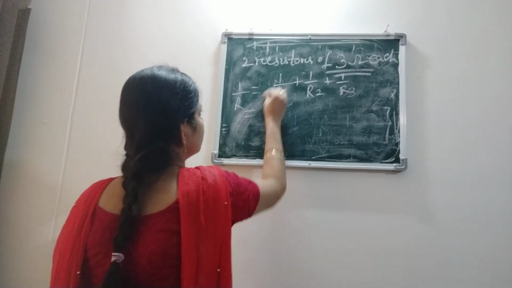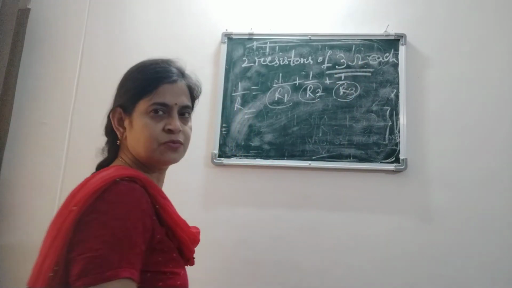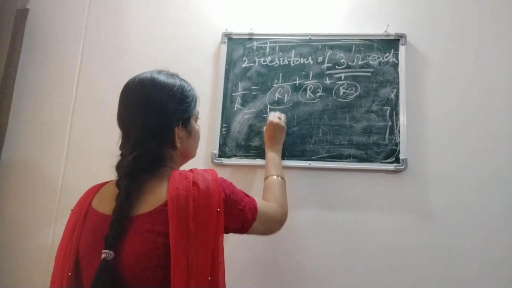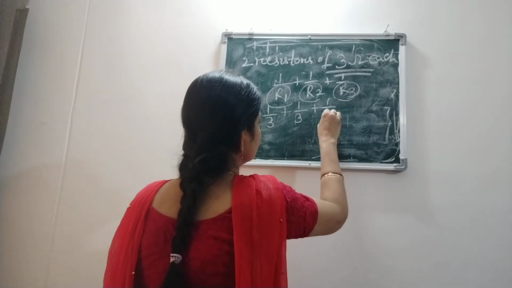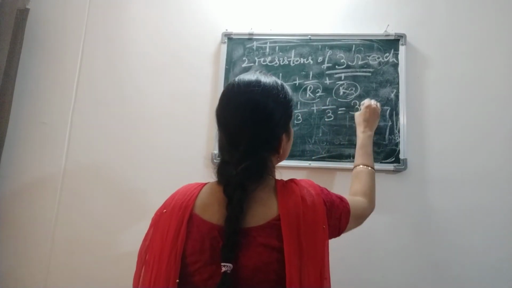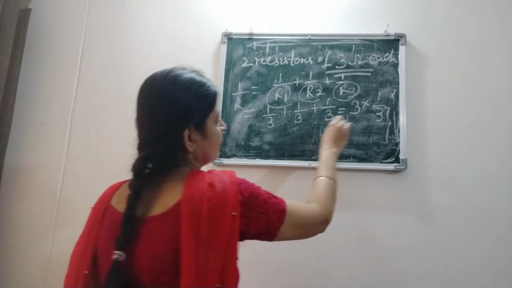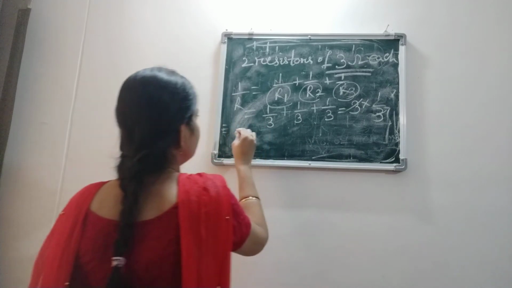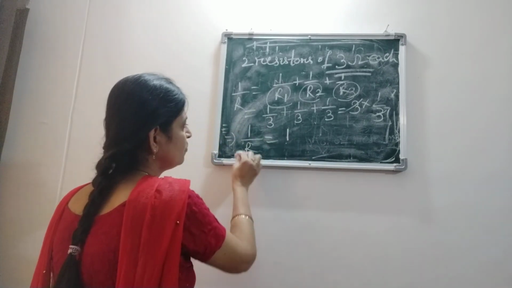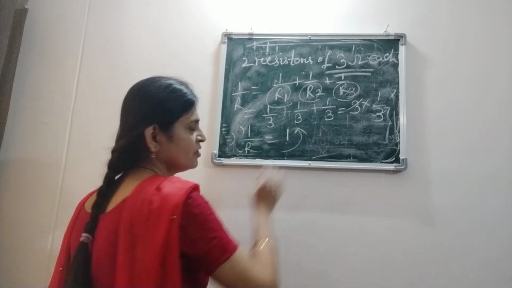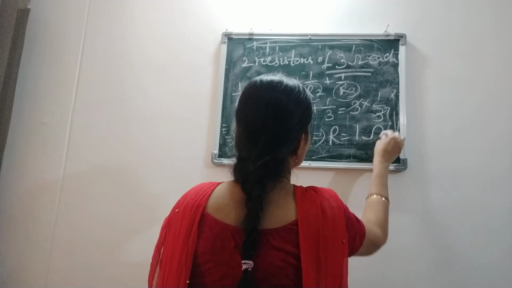Now put the values of R1, R2, R3, which are 3 ohms. So that is equal to 1 by 3 plus 1 by 3 plus 1 by 3, or you can write 3 into 1 by 3, because 3 times 3 will be cancelled. So 1 by R is equal to 1. Now take the reciprocal of both sides. So we can write R is equal to 1 ohm.